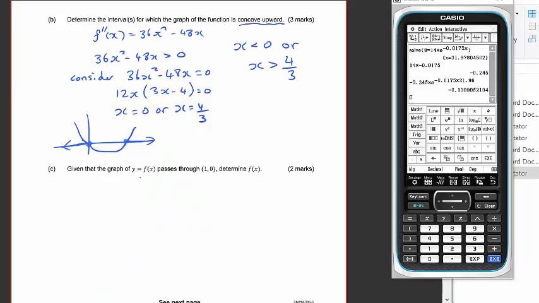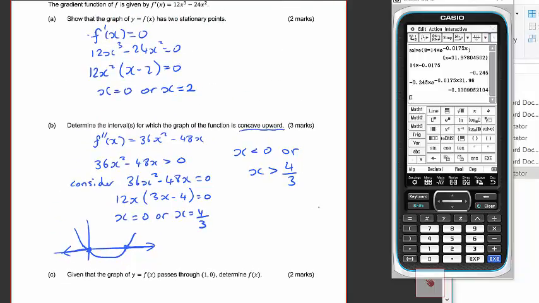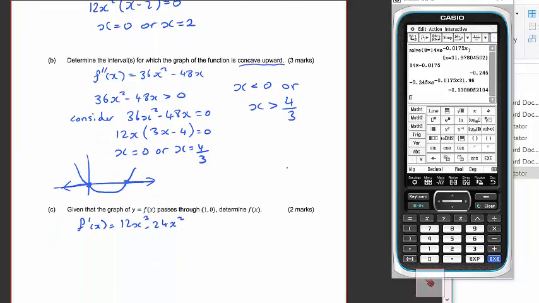Given that the graph of y equals f of x passes through 1, 0, determine f of x. Well, f dash x was 12x cubed minus 24x squared. So f of x is going to be 12x to the 4 over 4, which is 3x to the 4, take away 24x cubed over 3, which is 8x cubed, plus c.